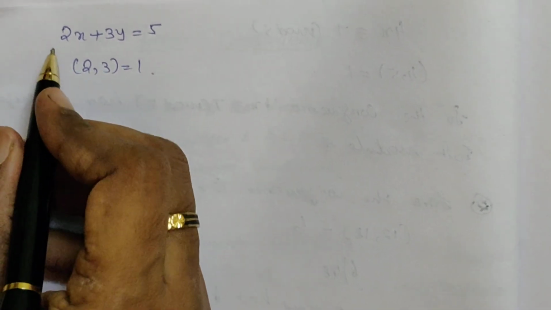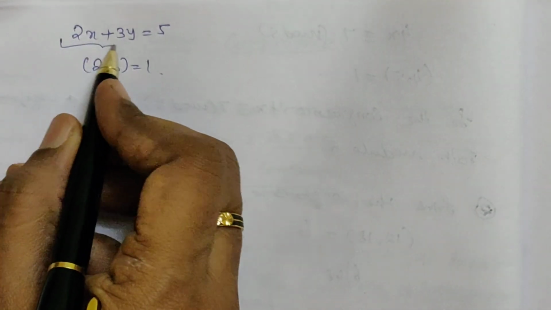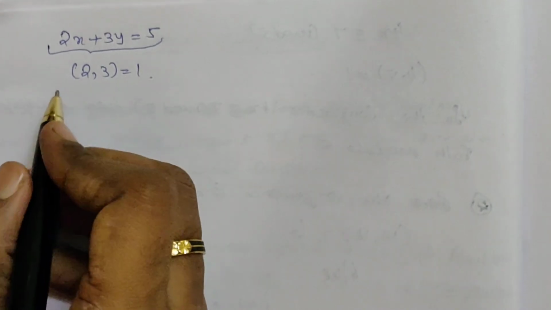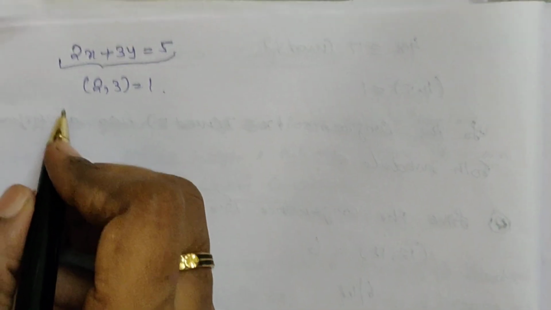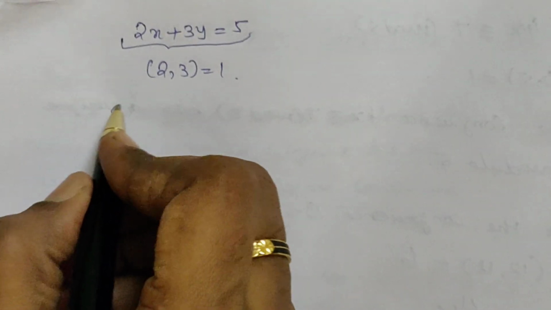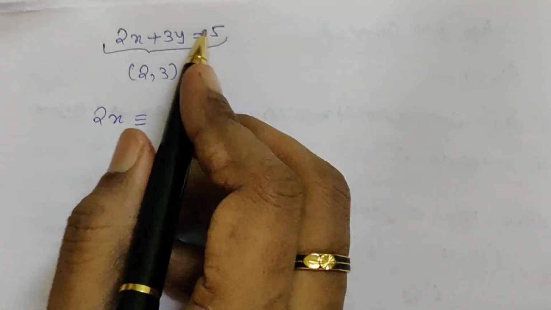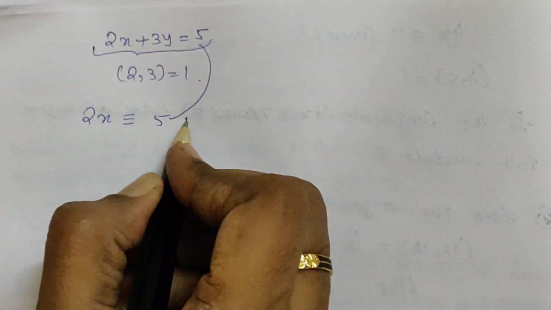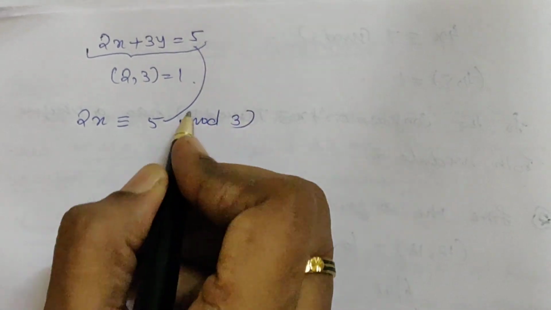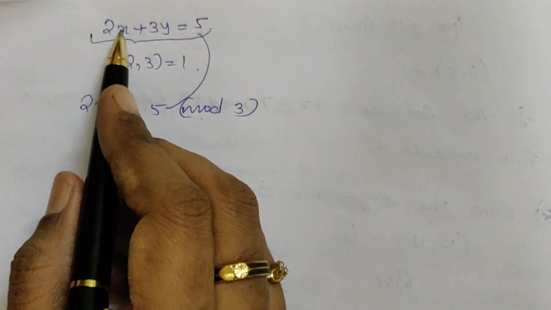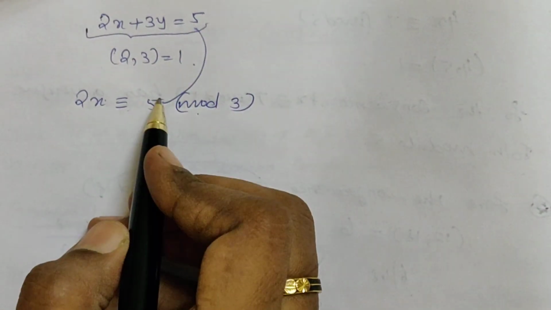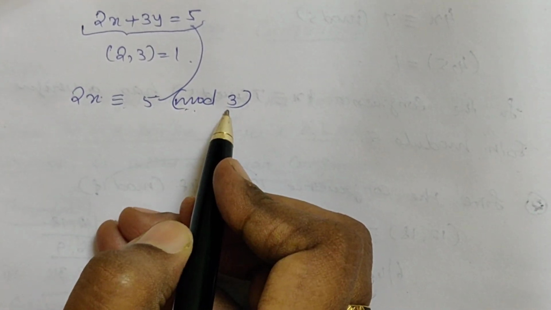Now the linear Diophantine equation can be written in the form of a linear congruence equation as 2x ≡ 5 mod 3.